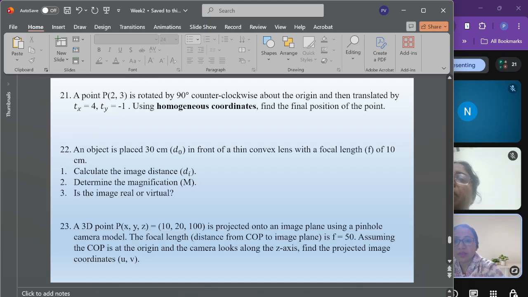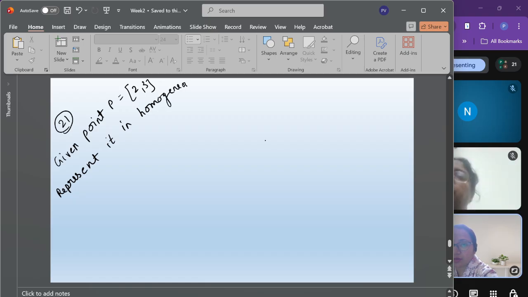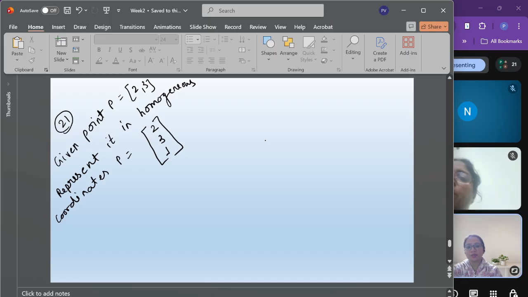Now first we need to represent it in homogeneous coordinates. How can we represent it? Just by adding 1, right? That is the homogeneous representation of this coordinate point.